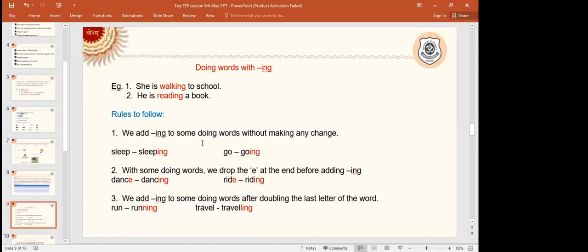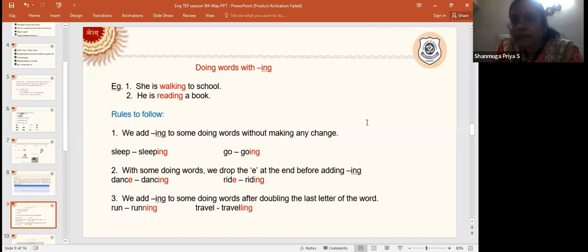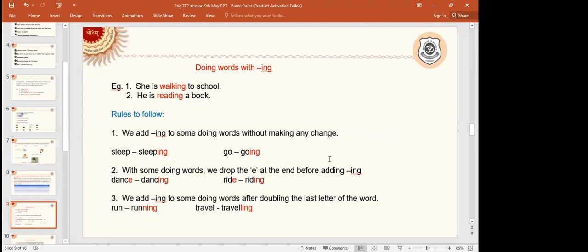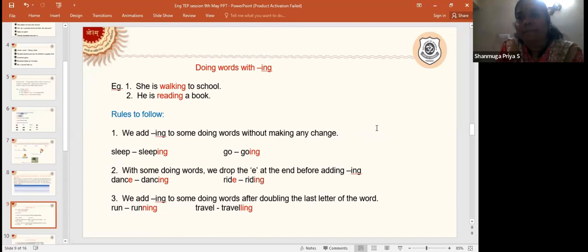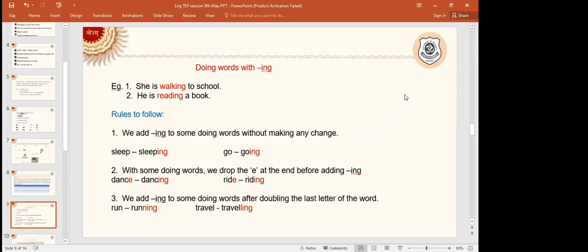Come up with examples with this rule. Do, doing. Drink, drinking. Climb, climbing. Wash, washing. Explore, exploring. Comb, combing. Dream, dreaming. Cook, cooking.